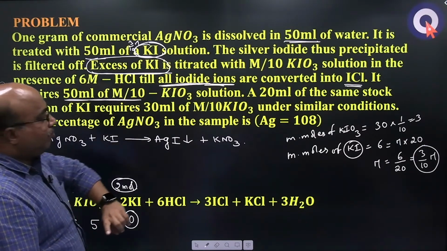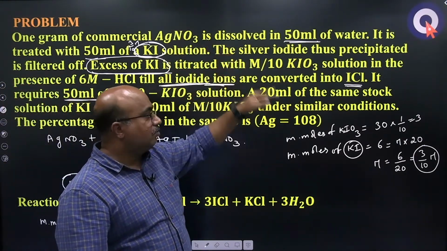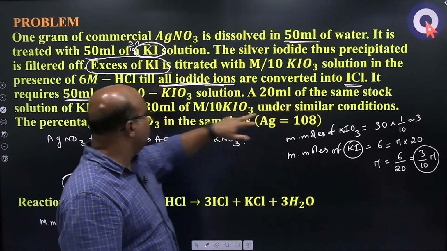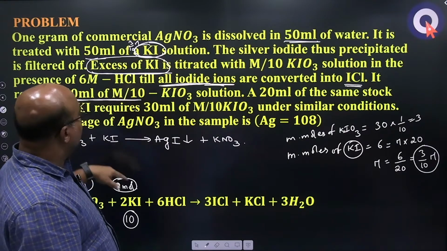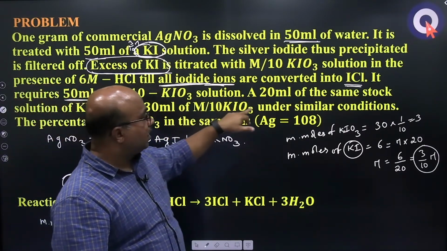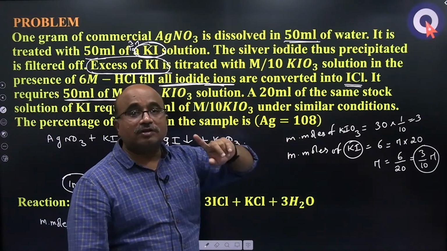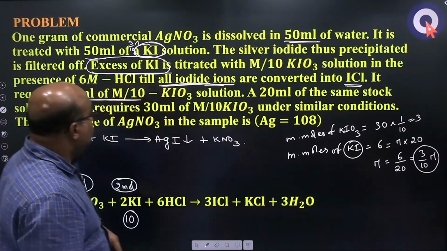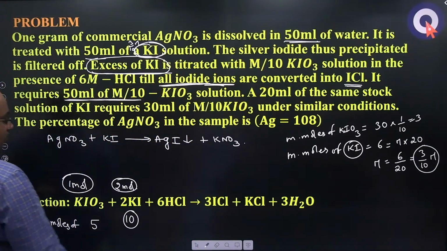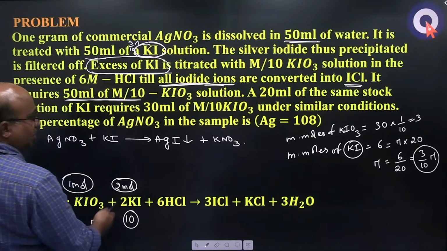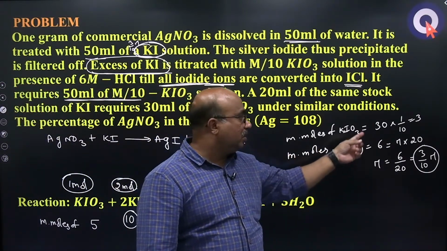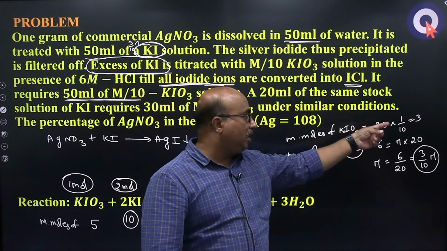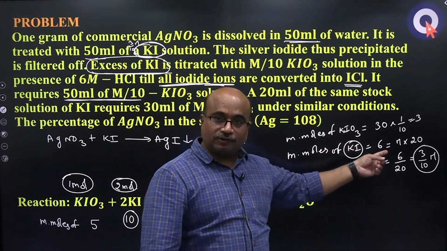But if I use 20 ml of the same KI solution of this particular concentration, then 30 ml of M by 10 KIO3 is consumed under similar conditions. So 10 millimoles are consumed here, but for the KI concentration, if KIO3 is 3, then KI should be 6.